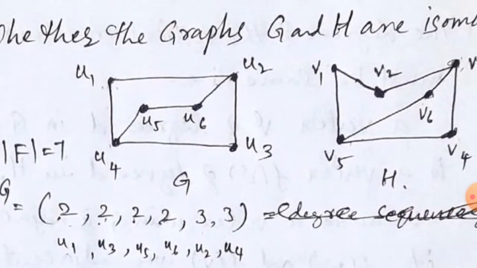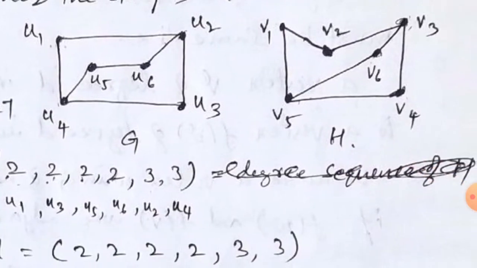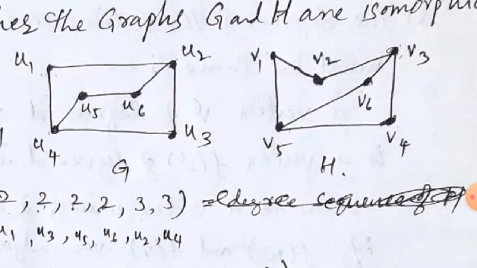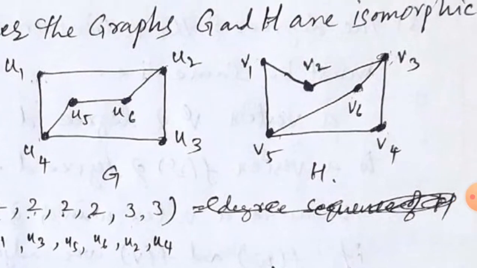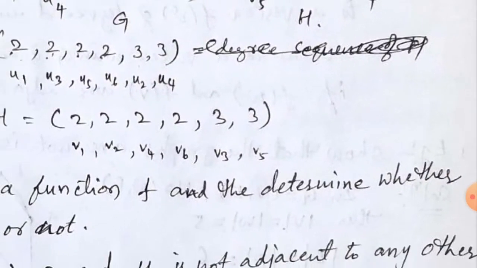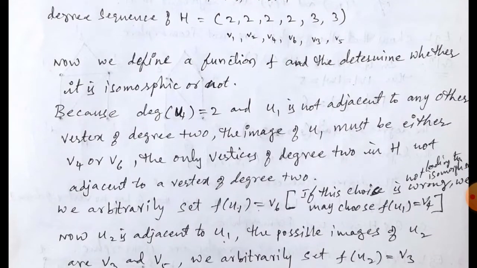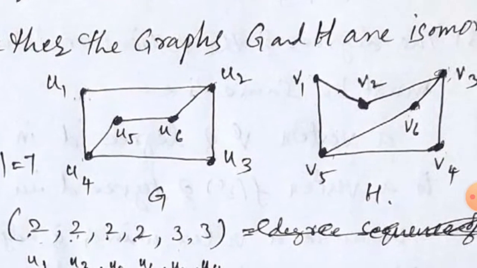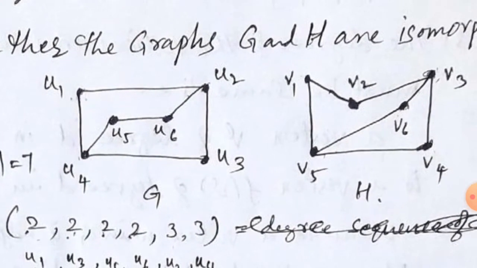Then if you match u1 with any vertex of H, its adjacent vertices must also have degree 3. Now if you observe, we are matching u1 with v6.